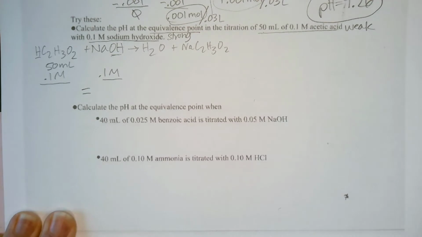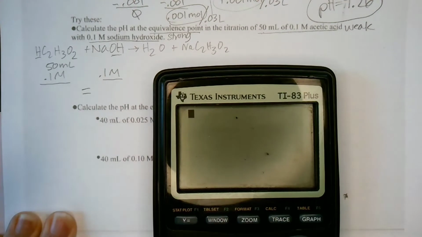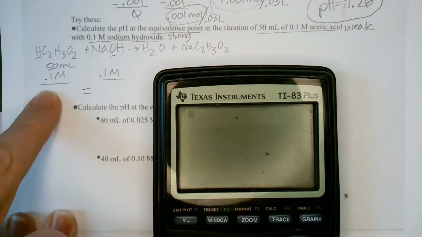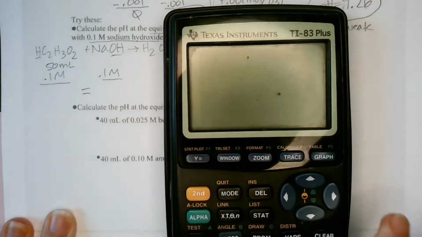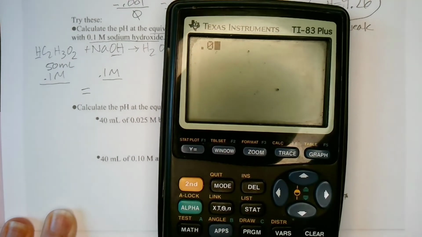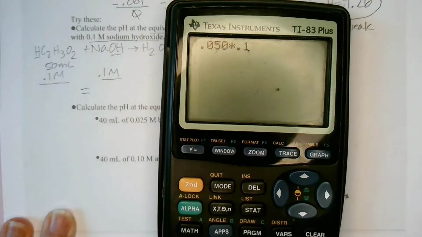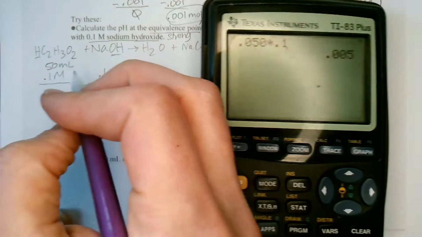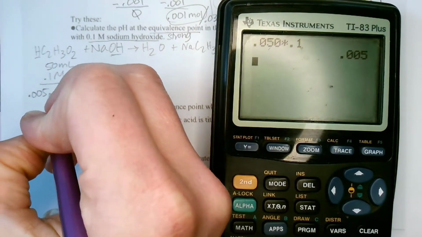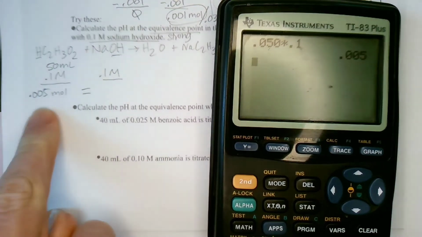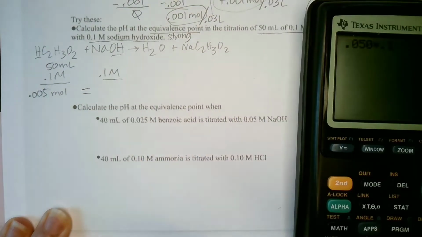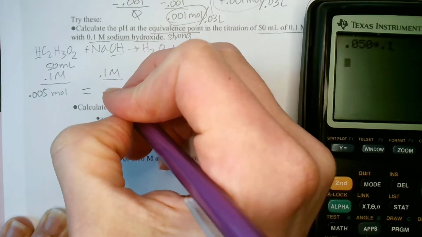So let's do a little bit of math here to figure out how many moles we have of my acetic acid. So I'm going to do 0.050 liters times 0.1. So I've got my volume times my molarity to get 0.005 moles. And we need to have 0.005 moles of NaOH.